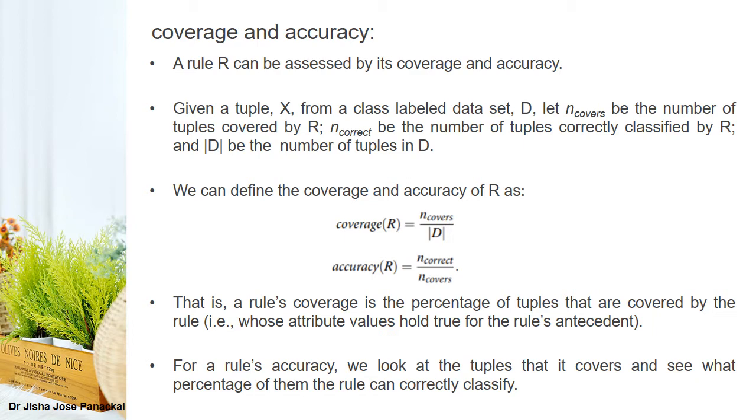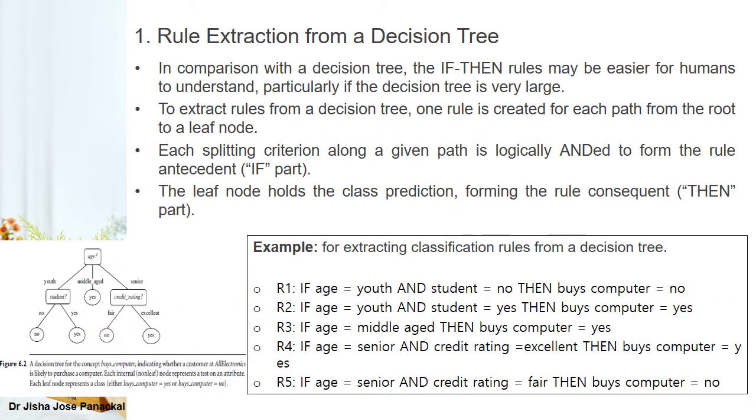For a rule's accuracy, we look at the tuples that it covers and see what percentage of them the rule can correctly classify. So these are the two measures for assessing a particular rule.